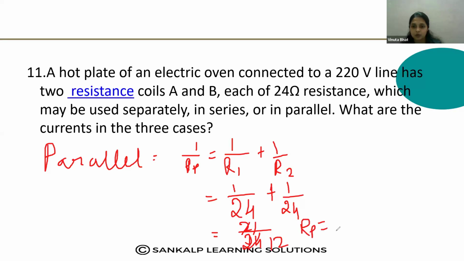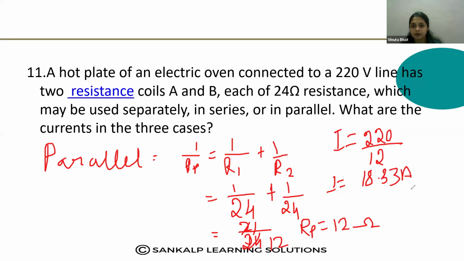Rp is equal to 12 ohm, right? Here I is equal to V by R, that is 220 divided by R, that is 12. I is equal to 220 divided by 12, which is equal to 18.33 ampere. Okay, so that is the answer.